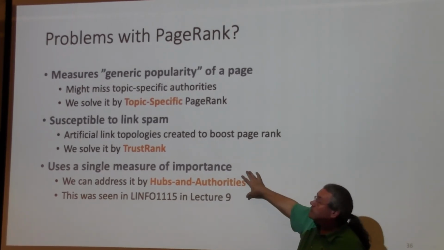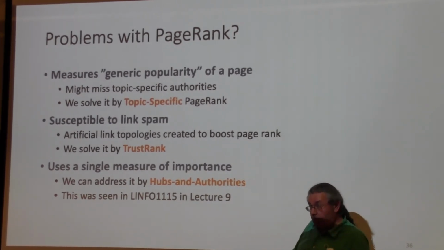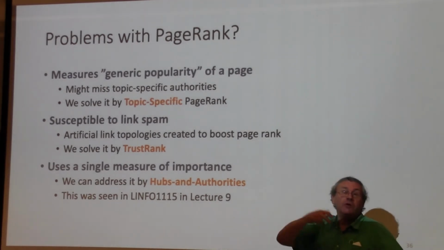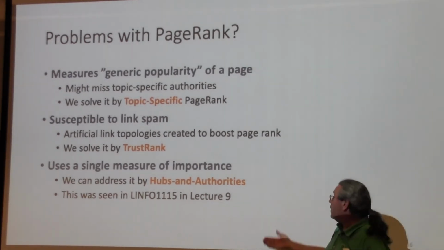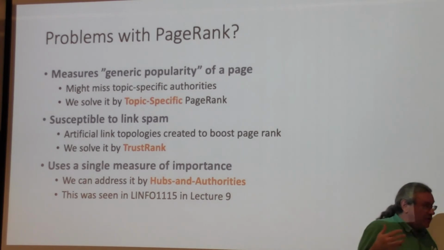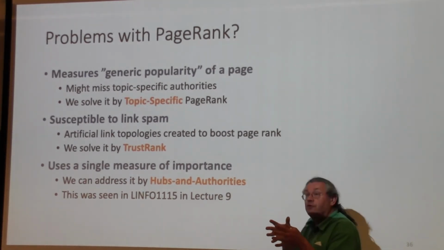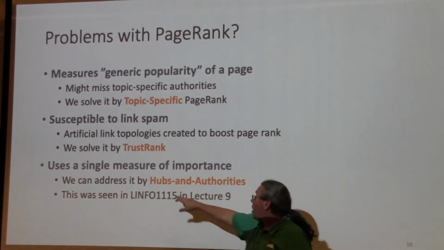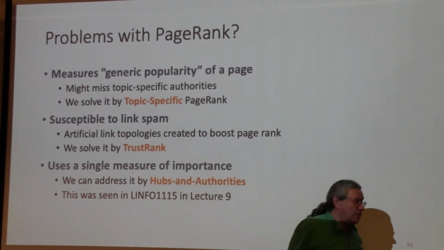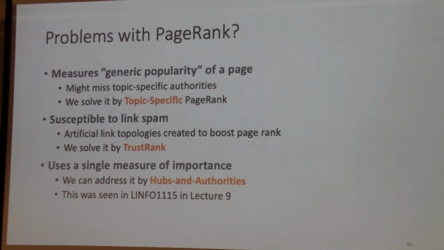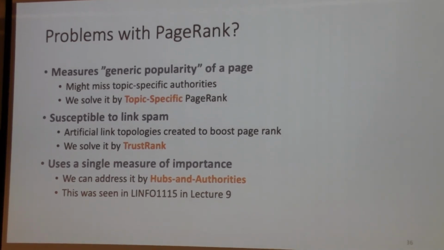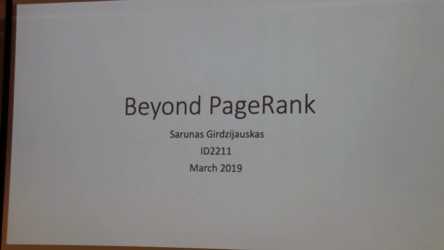So PageRank is only a single number, but remember when we introduced it, we started by talking about hubs and authorities, and sometimes it's useful to have these two concepts. So an authority is really the source of the information, and a hub is pointing to information. Sometimes it's important. So these are kind of limitations of PageRank.